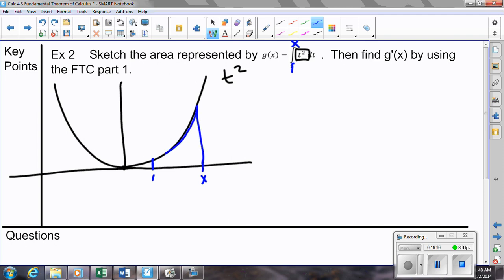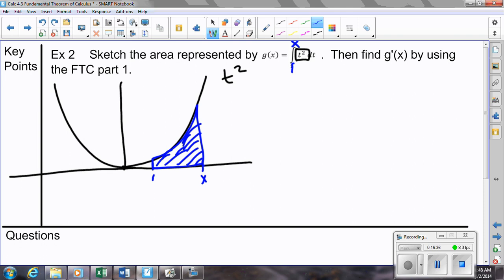And so this region is our function. The area of that region is the output for our function. And this is going to be any particular x value. We don't know if it's x equals 2 or 4 or 10 or whatever. It's just some right bound x.